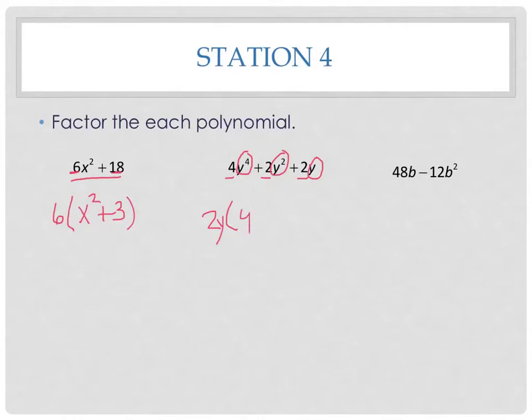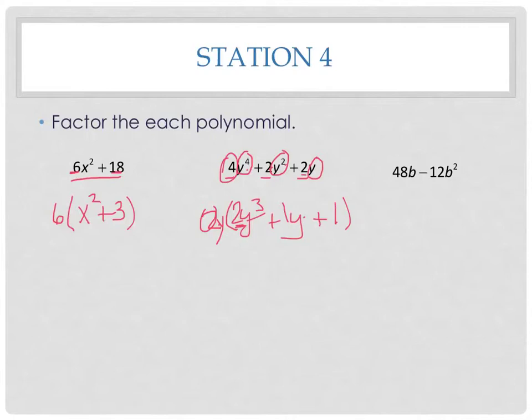So factoring out a 2y, and this would be 2y cubed actually, because 4 divided by 2 gives me the 2, and then y to the 4th divided by y is y to the 3rd. And then 2y divided by 2y is 1, and y squared divided by y is y. And then 2 divided by 2 is 1.